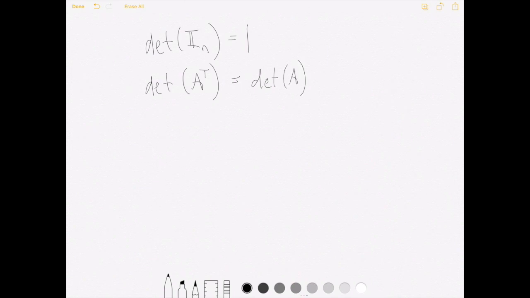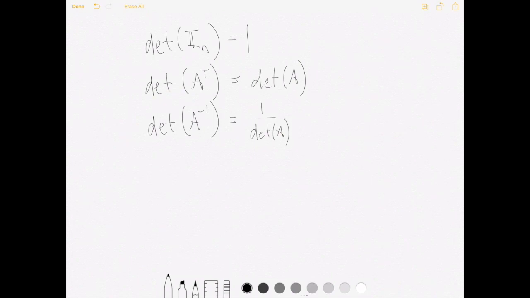Right? If A has an inverse, then the determinant of the inverse of A is just 1 over the determinant of A. Okay.